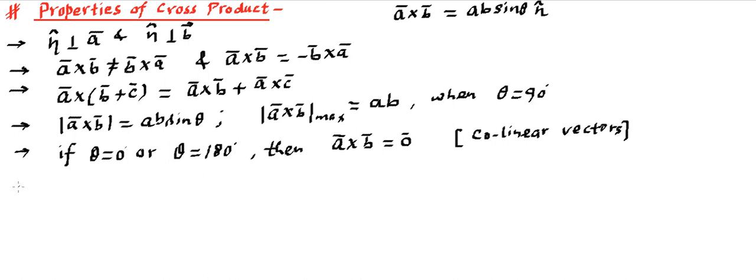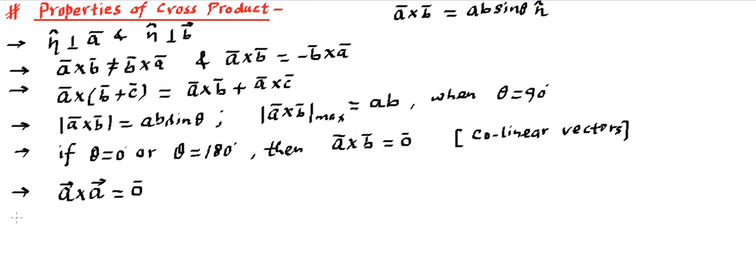We can go further and talk about a few more properties. Let's say we have a vector A, and we want to take the cross product of the vector with itself, the same vector. We know the angle between the same vector is 0. They are always collinear. So using the above property, it's always going to be null. Whenever we do the cross of one vector with itself, it's always going to be equal to the 0 vector or null vector.